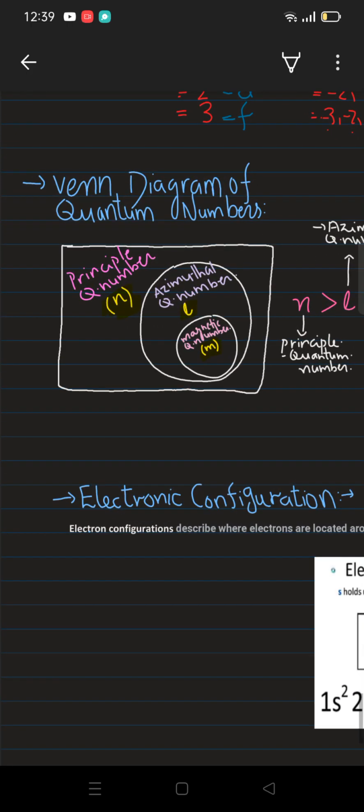Then we discussed that the principal quantum number is the superset, which means all the quantum numbers lie in it. The azimuthal quantum number is the subset of the principal quantum number, and the magnetic quantum number is the subset of the azimuthal quantum number.